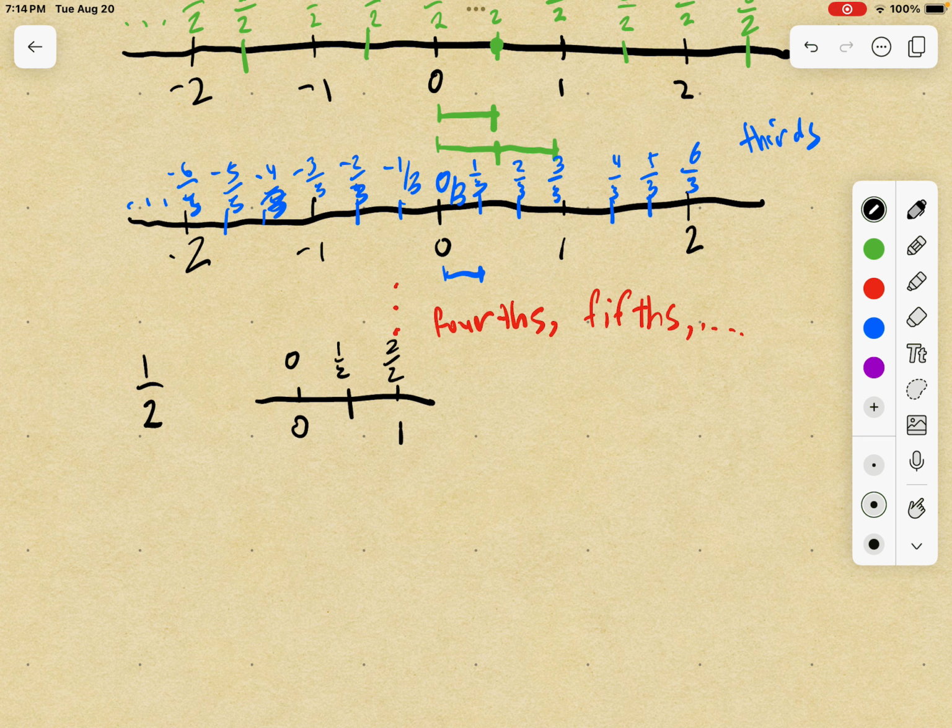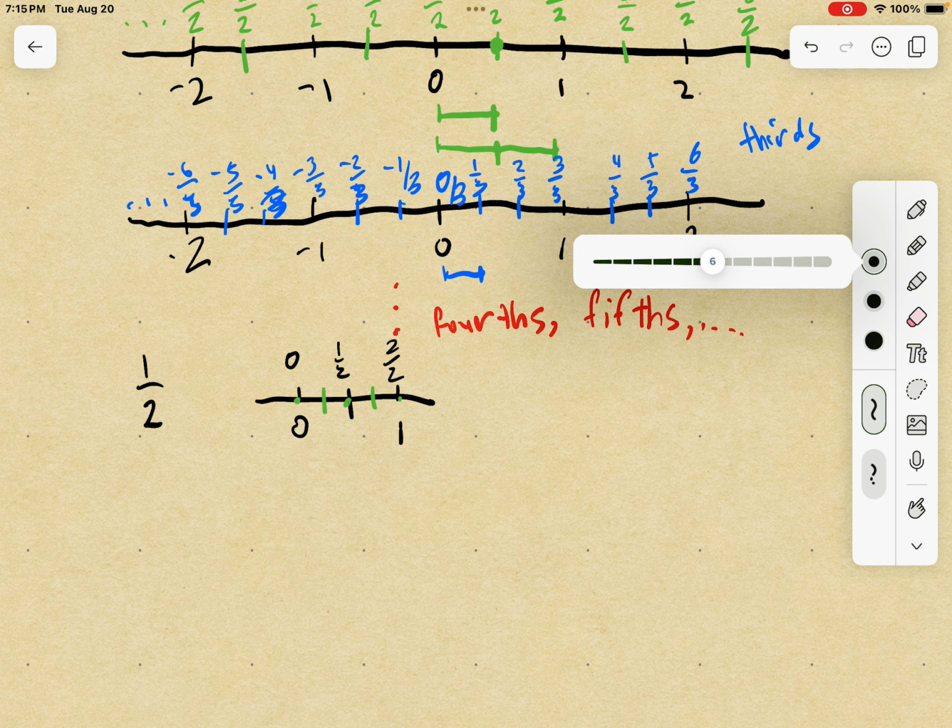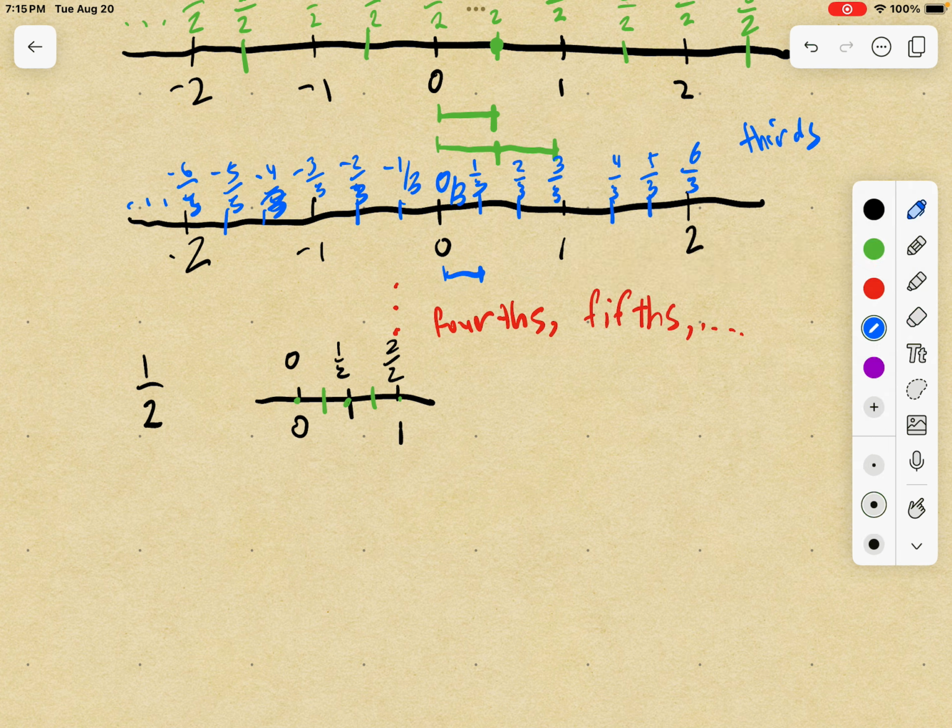I can take this interval from 0 to 1/2 and split it into halves, and then I can take the interval from 1/2 to 2/2 and split it into halves, and now I'll have 4 equal pieces. I'll have these 4 segments of equal length, and so I'll have fourths.